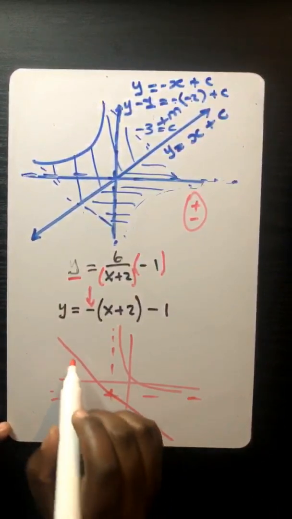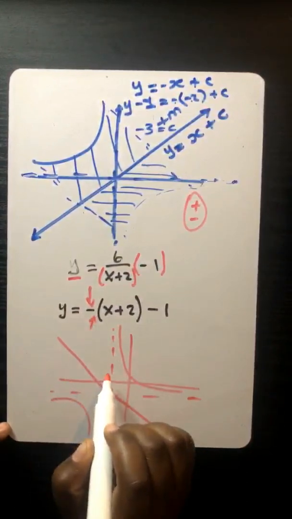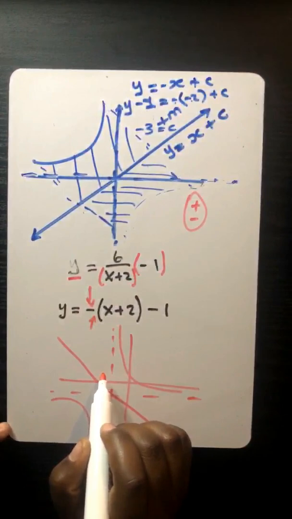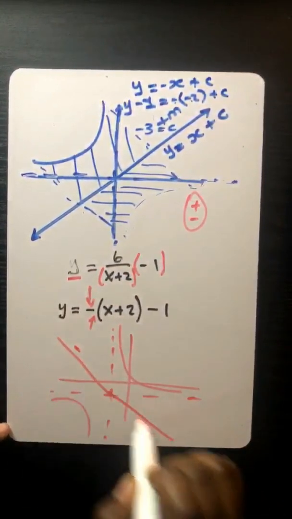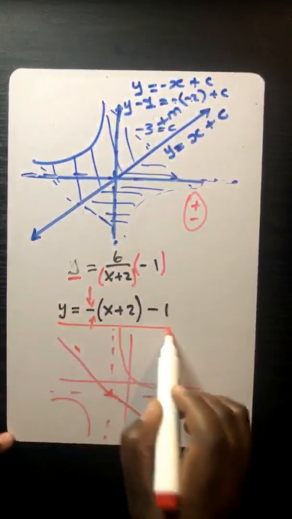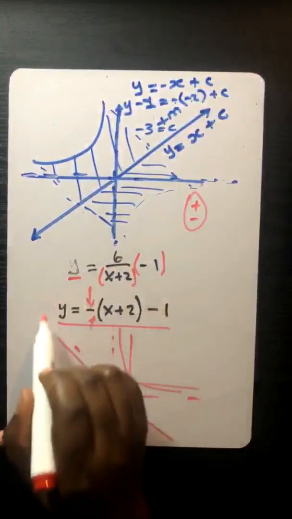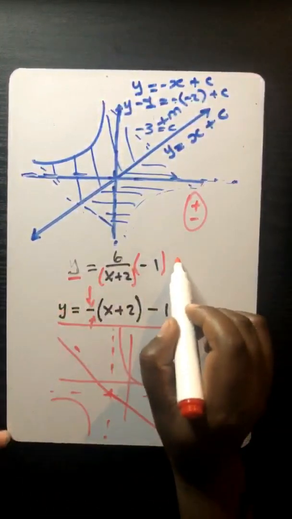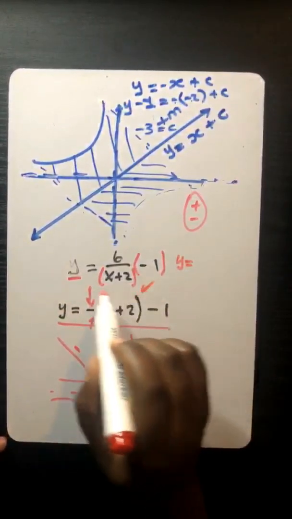It is going to be a negative gradient because the axis of symmetry has a negative there. So this one, you also get the same answer because you just rearrange or rewrite this in the form y equals whatever. So you always want to remove the brackets in maths.